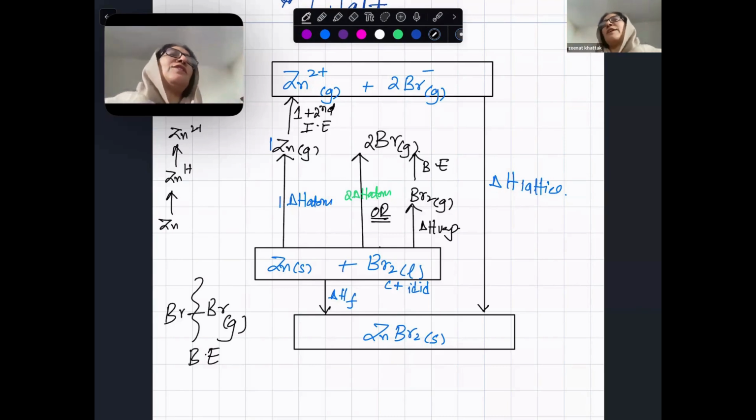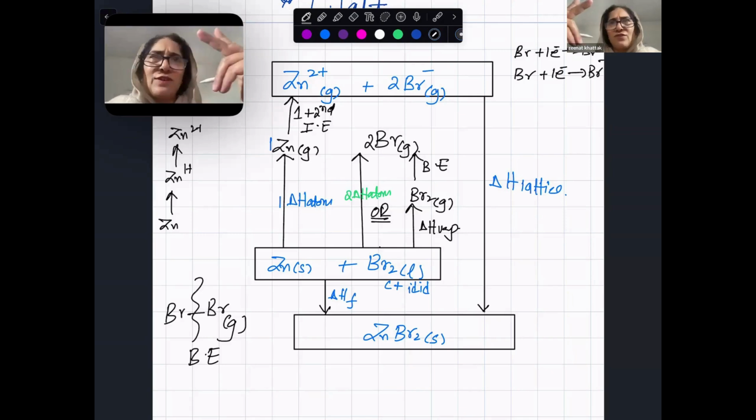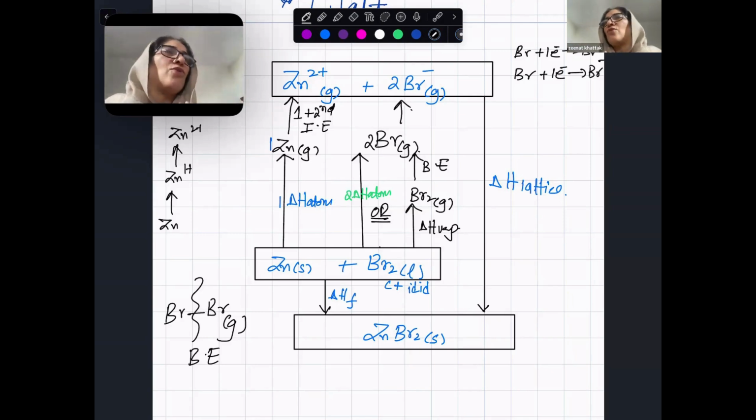But on the other side, the 2 electrons lost by the zinc are gained by 2 bromine, 1 by each bromine. So 1 bromine gains 1 electron, another bromine gains another electron. The same process twice. So 2 times first electron affinity.